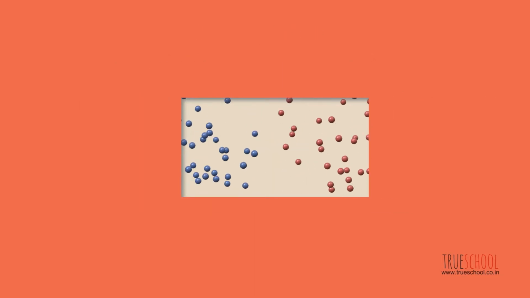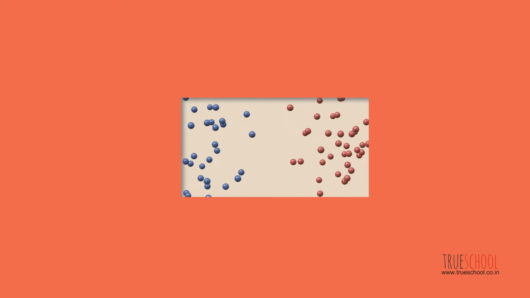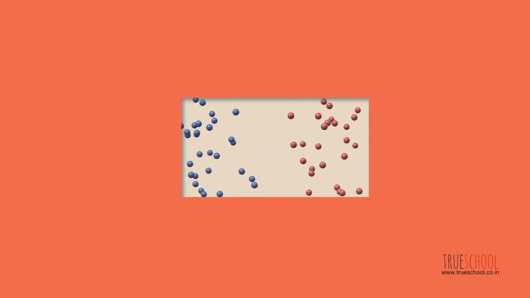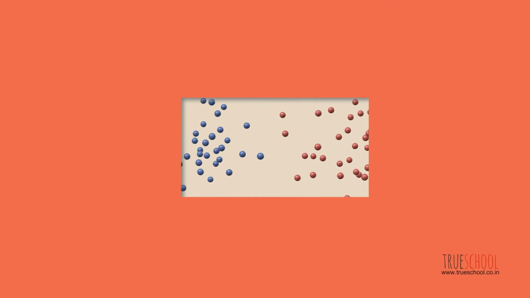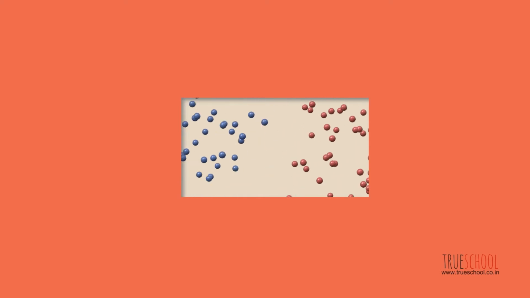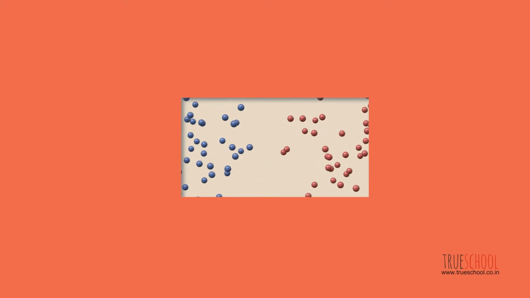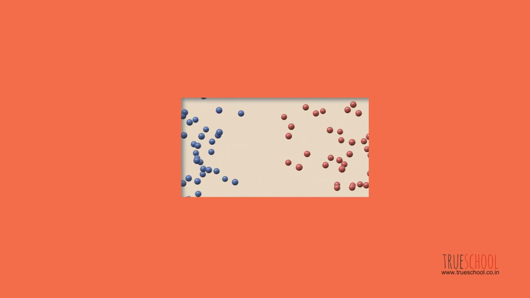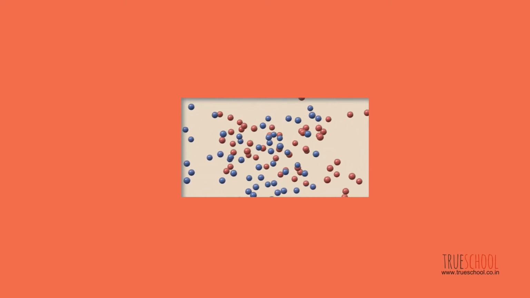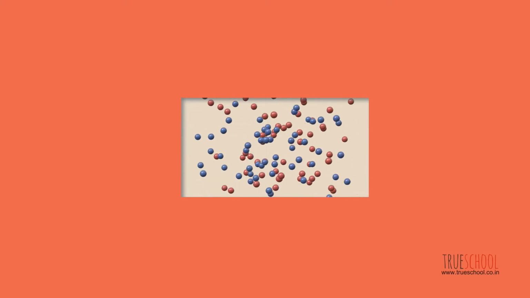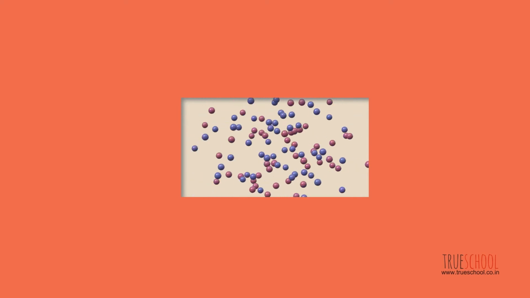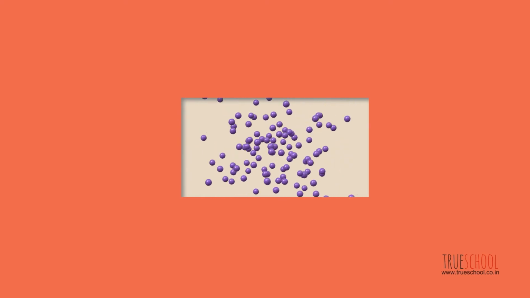A similar phenomenon happens if we mix two gases at different temperatures. The one with higher temperature will have a higher average speed of random motion and the one with lower temperature will have lower average speed of random motion. And when they are together, they will collide with each other and in the process exchange energy till the whole system attains a uniform temperature.